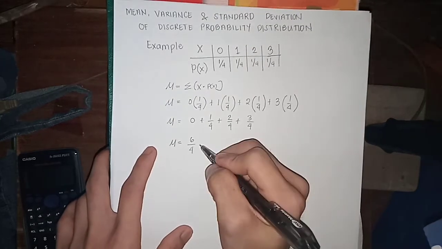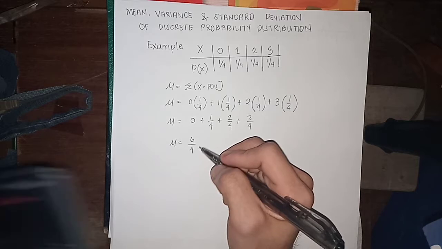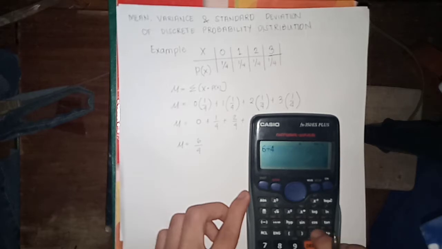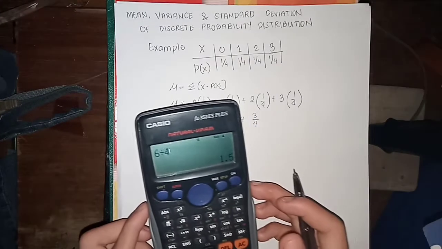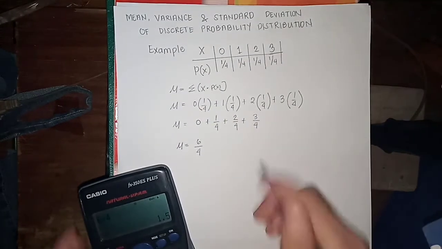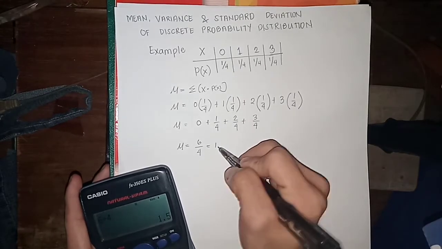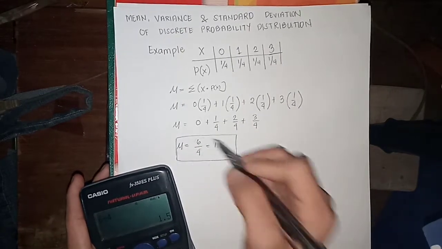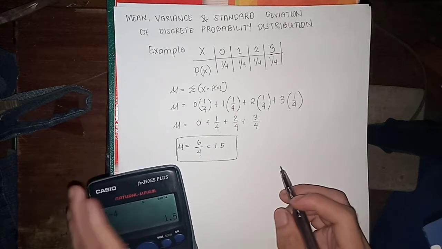Therefore, ang mean po natin, kung i-divide natin siya, that is 6 divided by 4 is 1.5. Okay, therefore, the mean is 1.5. Okay, nakuha na natin yung mean, 1.5.